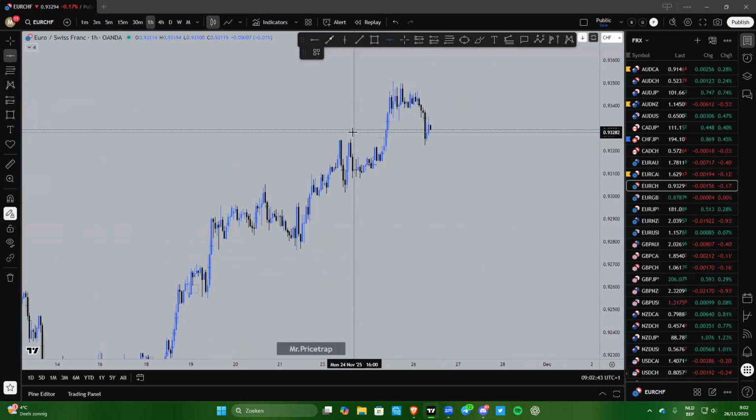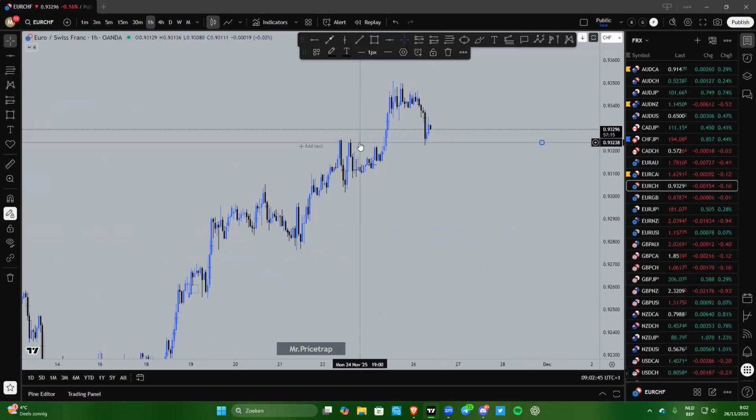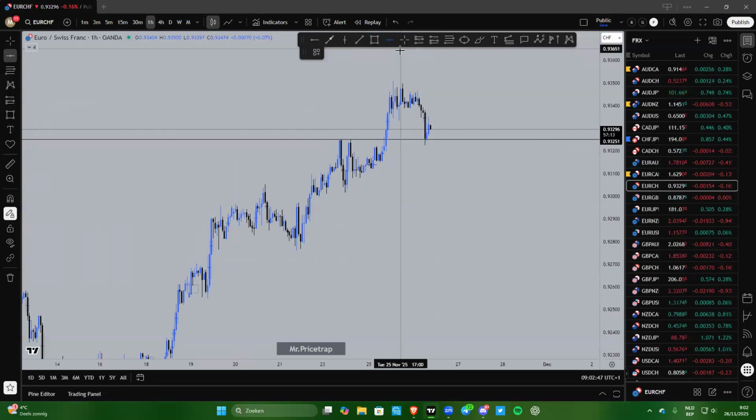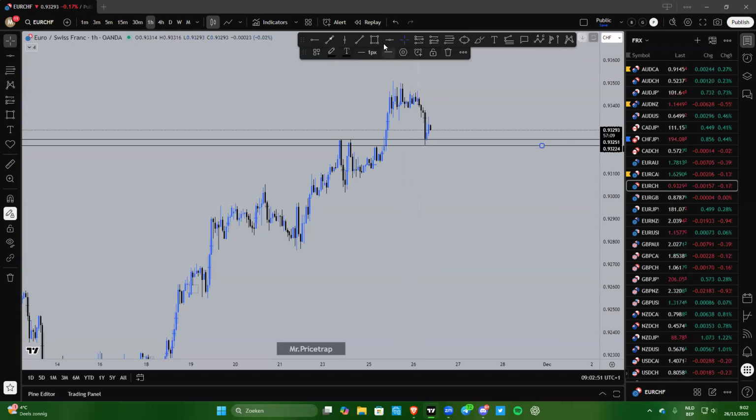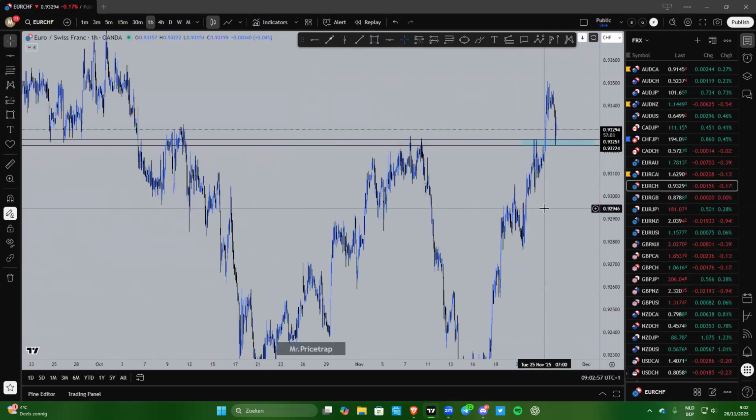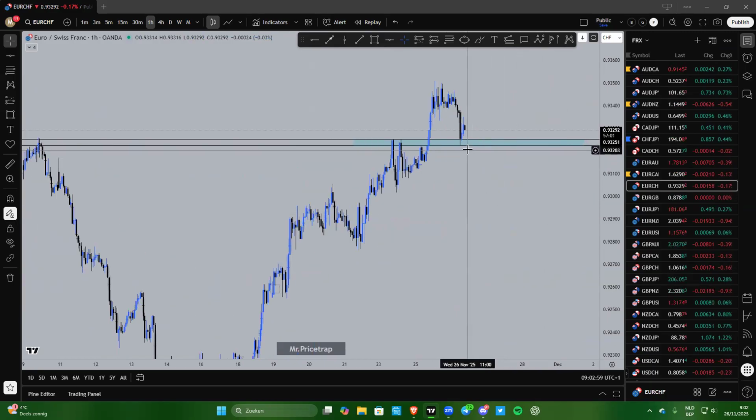lower. Here we go, Euro CHF. Also, this one is from yesterday also, I think. Let me check. Yes. So here, let's see if we can keep climbing up here. If we can hold this level.